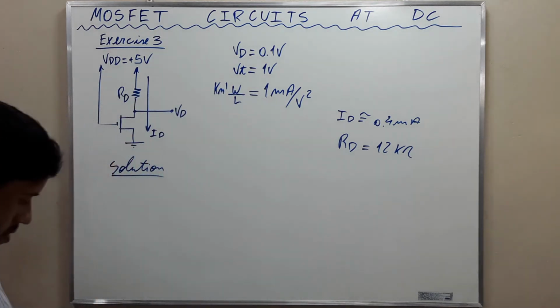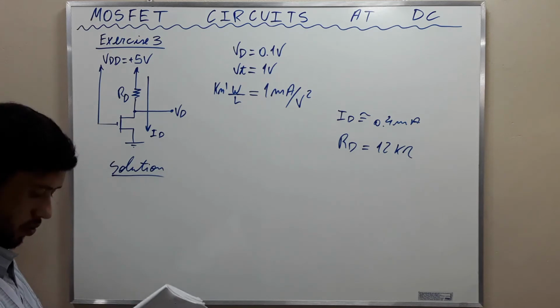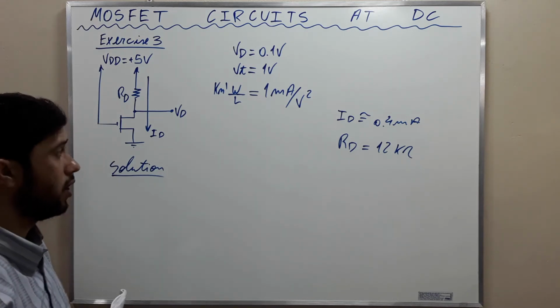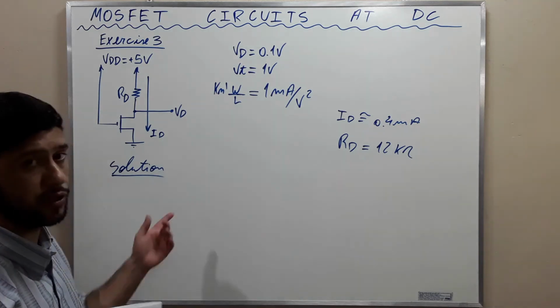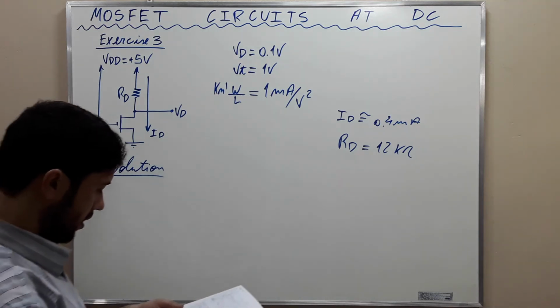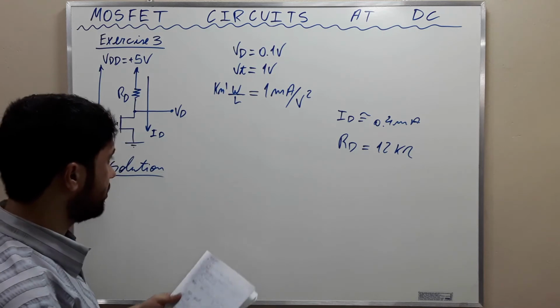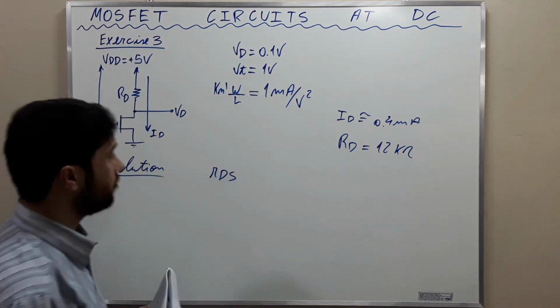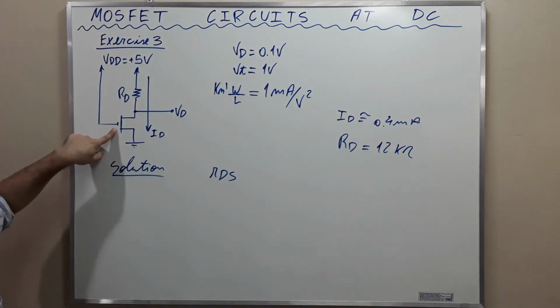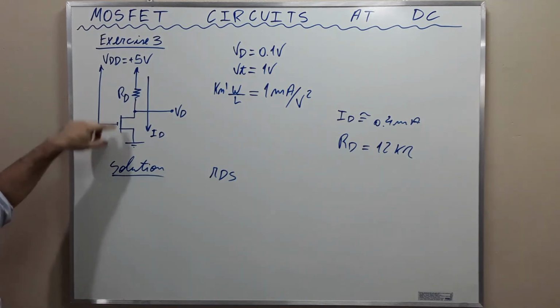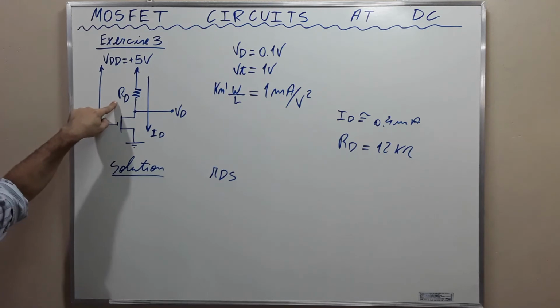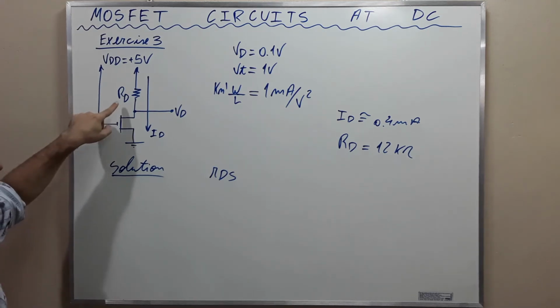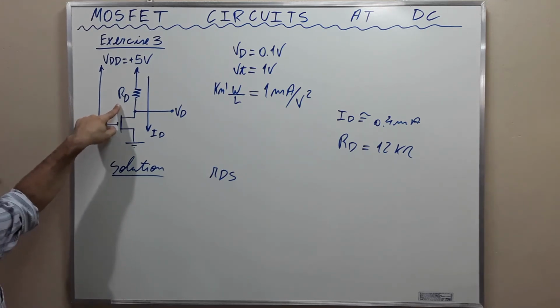And now we need to calculate the effective resistance between drain and source. This is the last question of this exercise. The effective drain to source resistance is RDS. This resistance is within the transistor, okay? This is not outside as there is resistor here. This resistor is in the circuit.